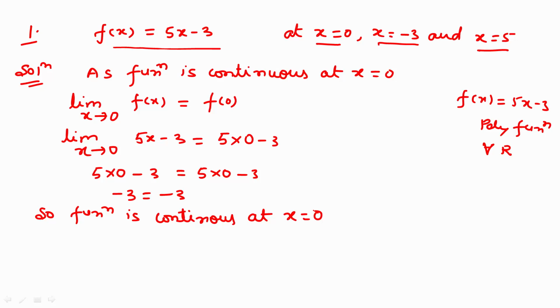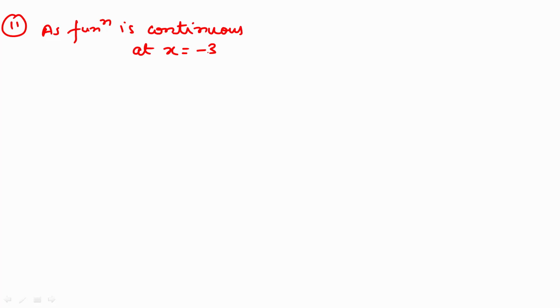Now we have to check that the function is continuous at x is equal to minus 3. So again, as the function is continuous at x is equal to minus 3, in this case we will write again limit x tends to 3 f(x) is equal to f of 3.